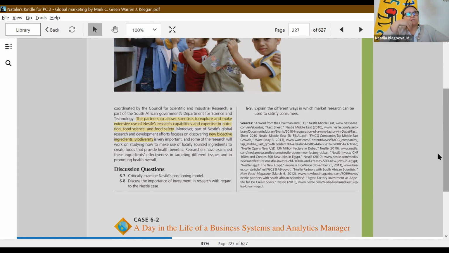So this is a great example of how a big corporation has a very smart positioning model, of how they're positioning themselves in these new markets. With so much work done towards health and adaptation to local tastes, they're positioning themselves as an authority on health.